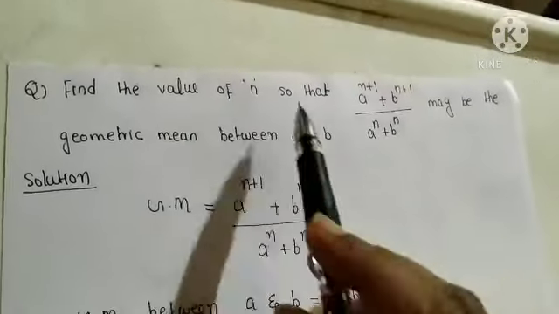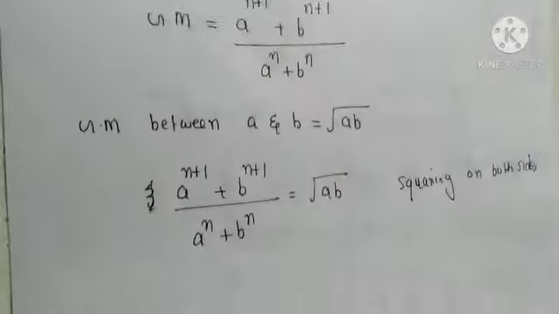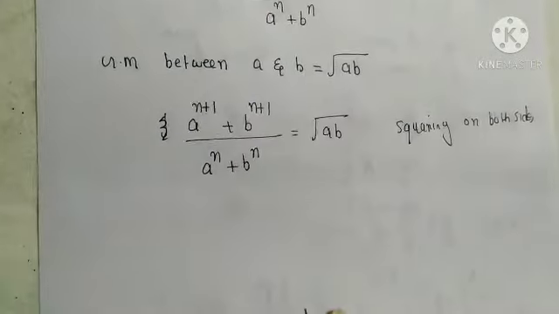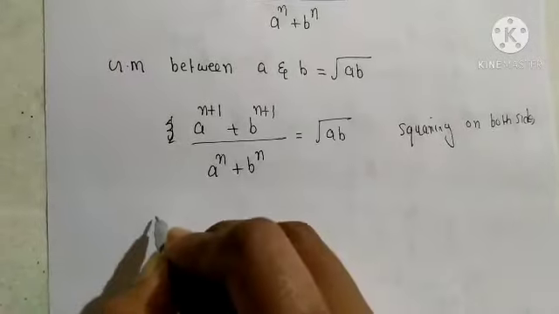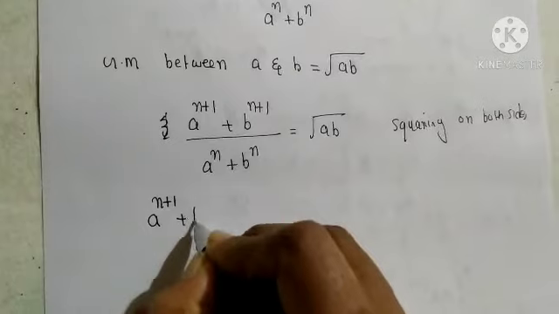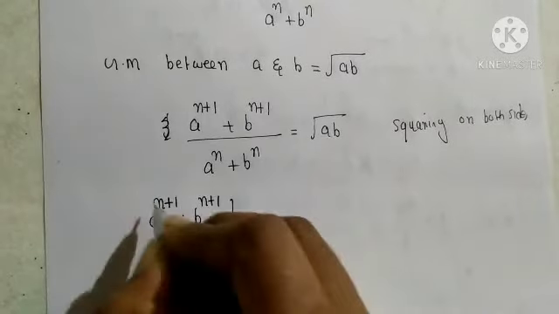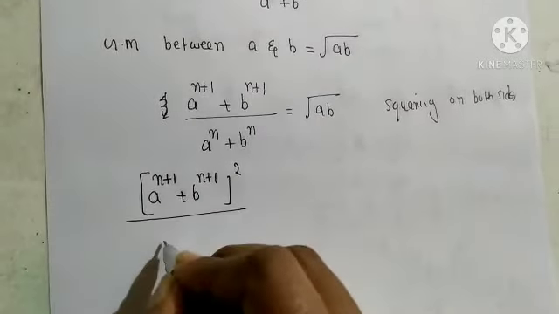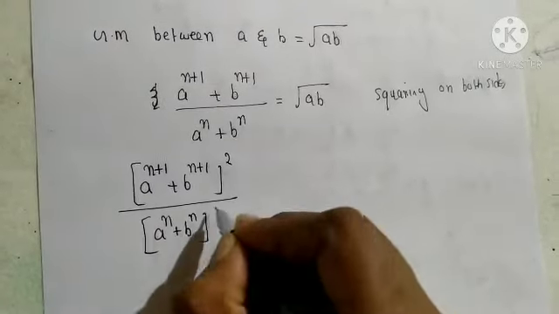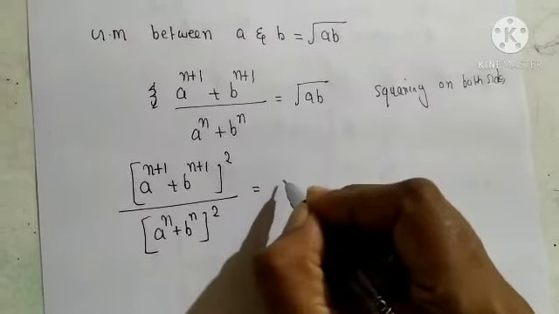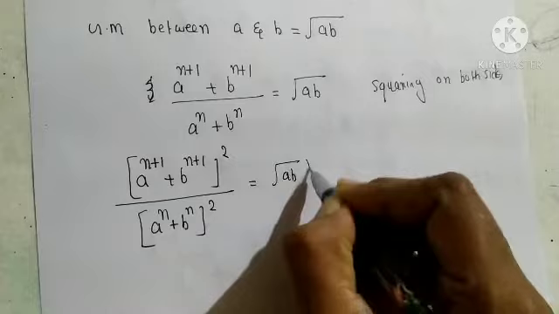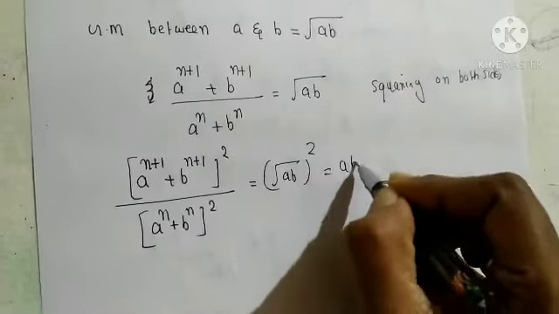In this question we need to find out the value of n. So for that, squaring on both sides of this equation, we get a raised to n plus 1 plus b raised to n plus 1 whole square divided by a raised to n plus b raised to n whole square equal to root of ab whole square, which will become ab, right?